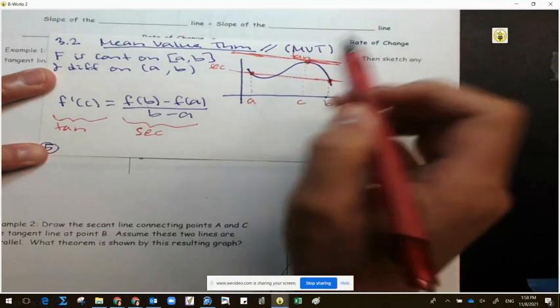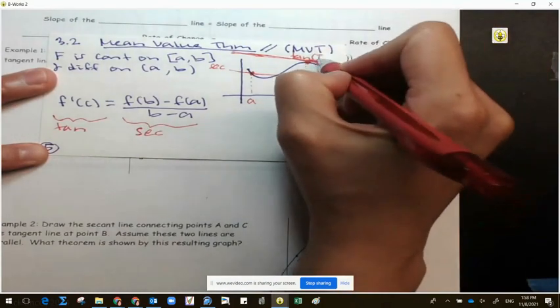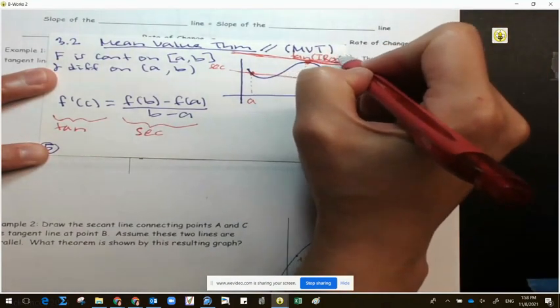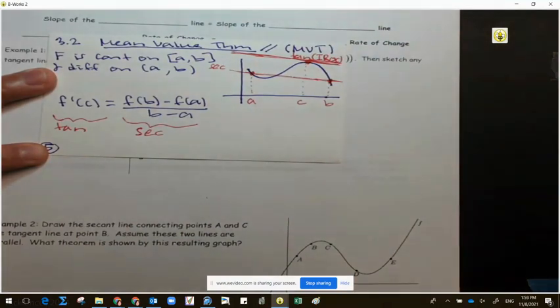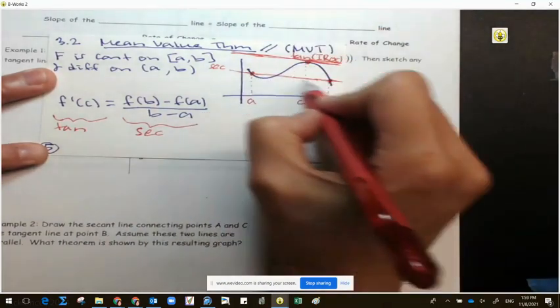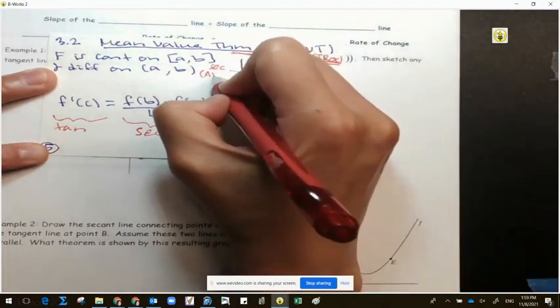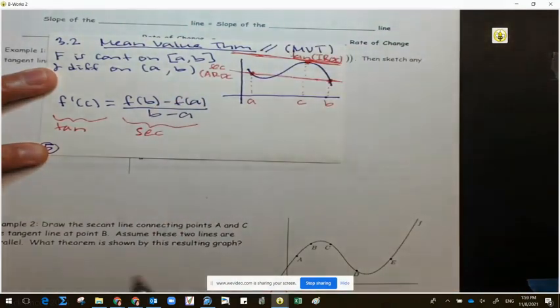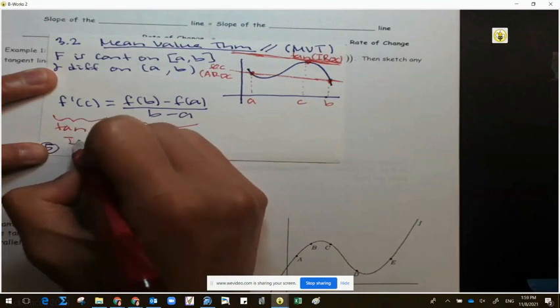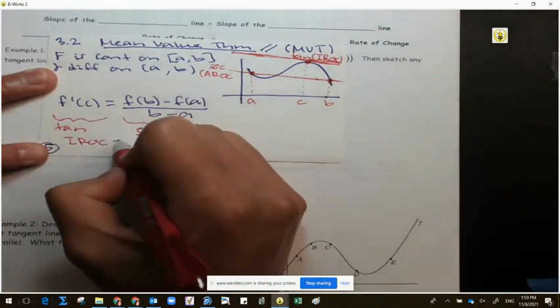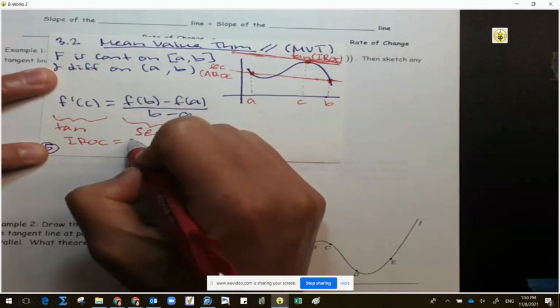A tangent line happens at 1 point. It's called IROC, instantaneous rate of change, meaning it's only hitting the point on the graph at 1 point. And then from these two is the average rate of change, because I'm finding the average between 2 points. So if I tell you IROC is equal to AROC, it's simply defining this theorem.